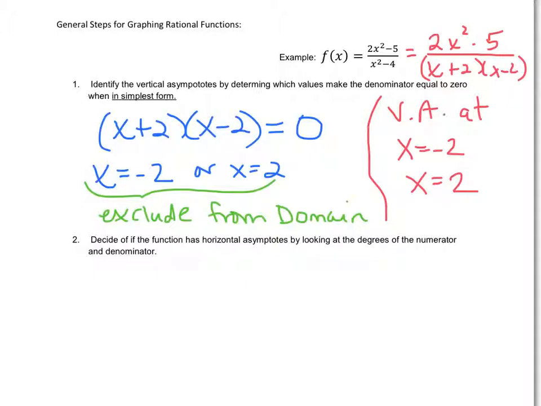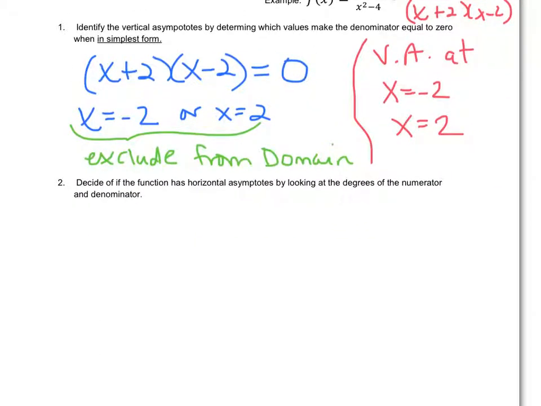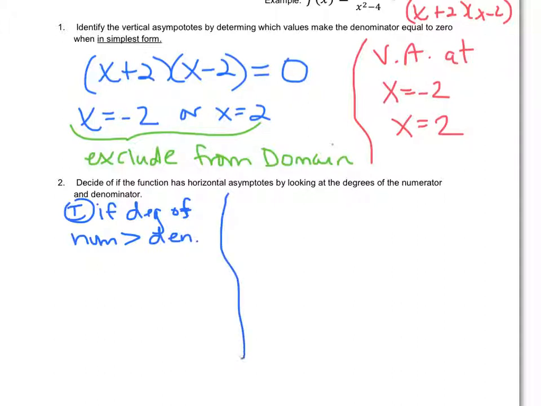All right, so now we're going to decide if the function has horizontal asymptotes by looking at the degrees of the numerator and the denominator together. Okay, so we have three little rules here. We break this up into three scenarios. The first one would be if the degree of the numerator is greater than the degree of the denominator. Okay, we'll talk about that in a second.